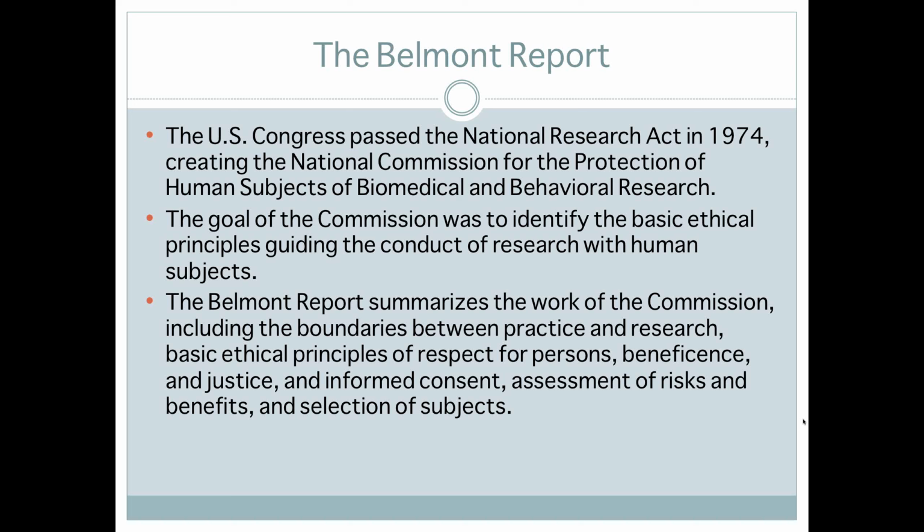And the Belmont Report summarizes the 5-year work of that commission, going into detail about all of the ethical issues involved in human subjects research, such as what's the difference between practice or service and research, what are the basic ethical principles of respect for persons, beneficence and justice, informed consent, assessments of risk and benefits, and selection of subjects.